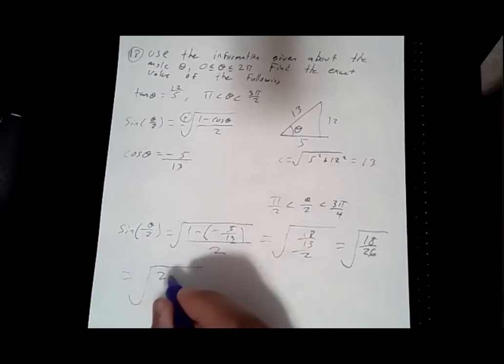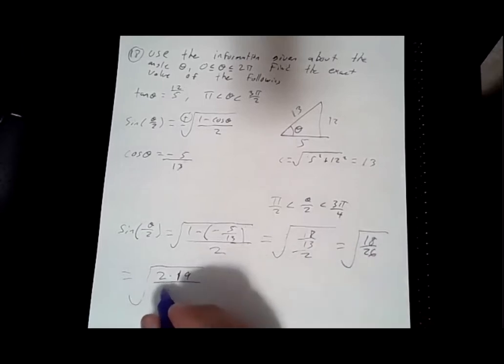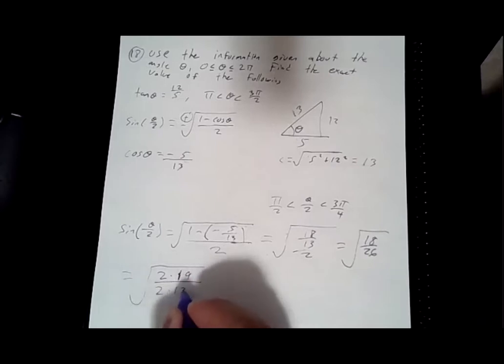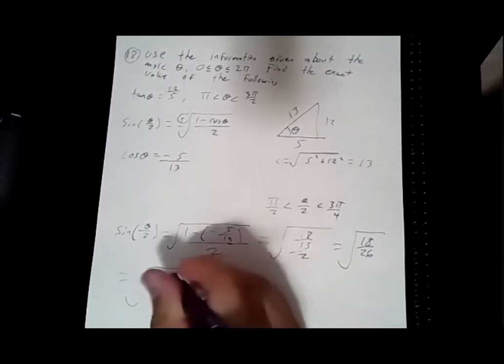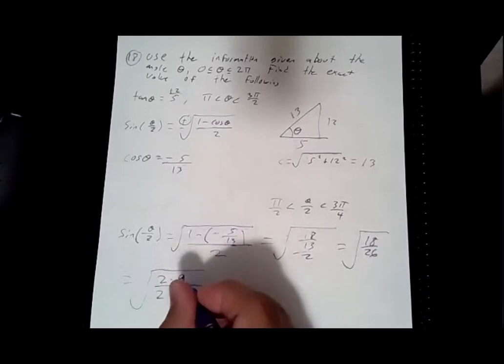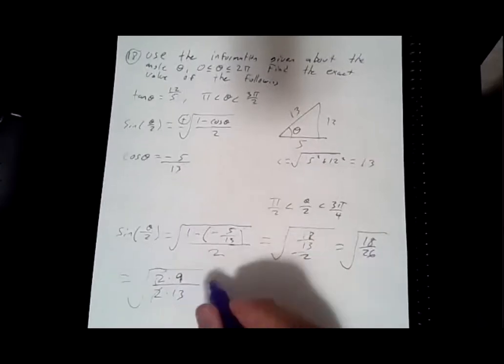There is a 2 times 9 here at the top, and a 26 down here. 26 does not have any squares though. No. But it does have a 2. So 18 is 2 times 9. So that cancels these 2's. Square root of 9 will be 3.